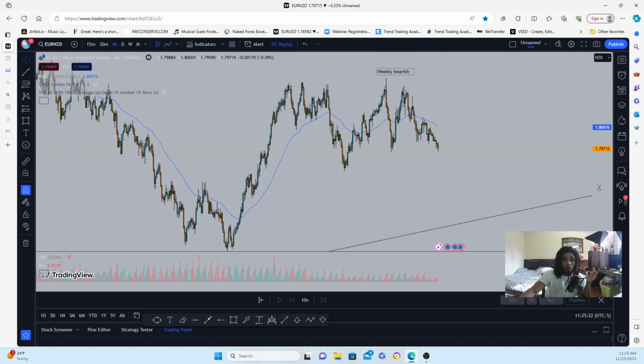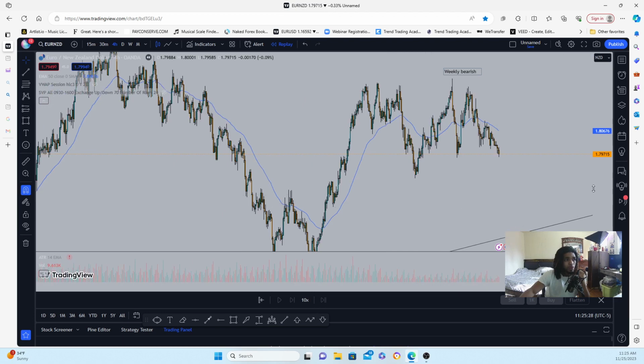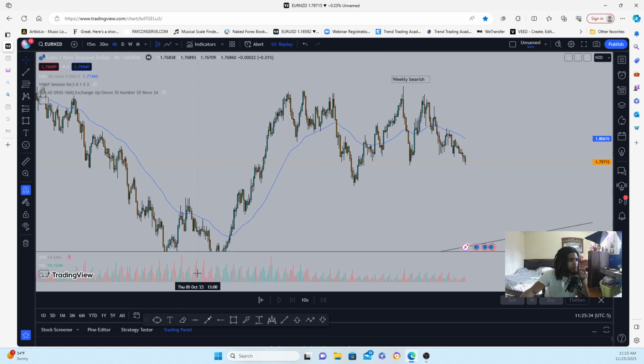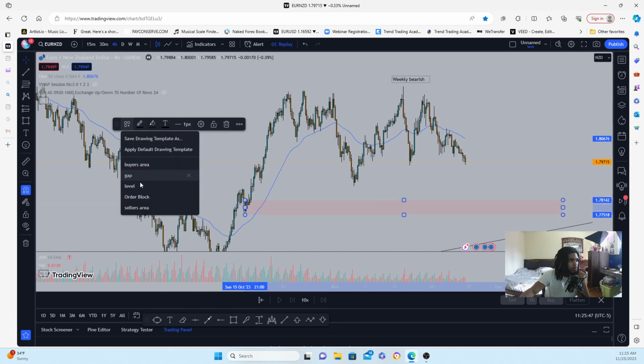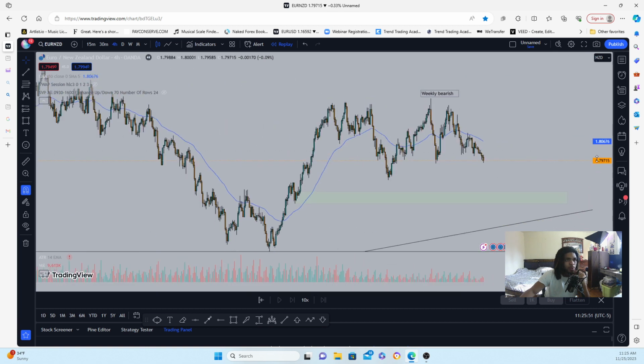And what I like to do when I mark my charts, I like to mark order blocks. Okay, since our weekly is bearish.